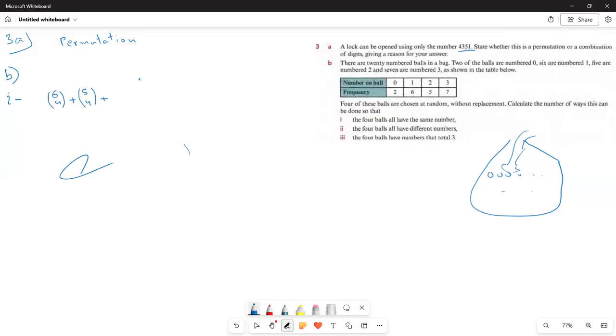And similarly, out of the 7 balls with 3 written on them, how many ways can I choose 4 balls? So 6 combination 4 is 15, 5 combination 4 is 5, and 7 combination 4 is 35. So this is all 55.